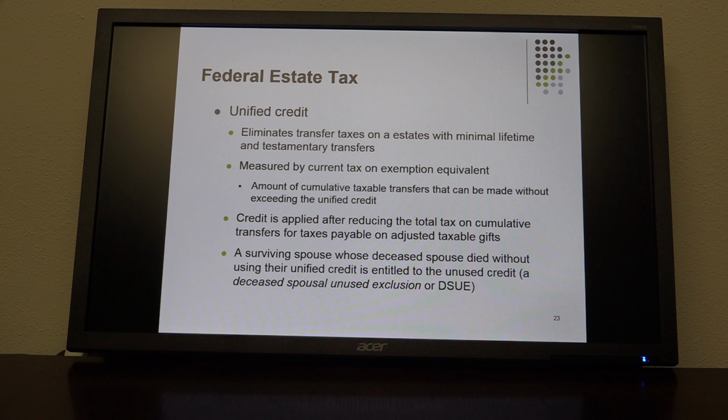You know that too. And again, this unused credit of the deceased spouse is called deceased spousal unused exclusion, or DSUE. This is something that's fairly new. I think Congress passed this in 2010.